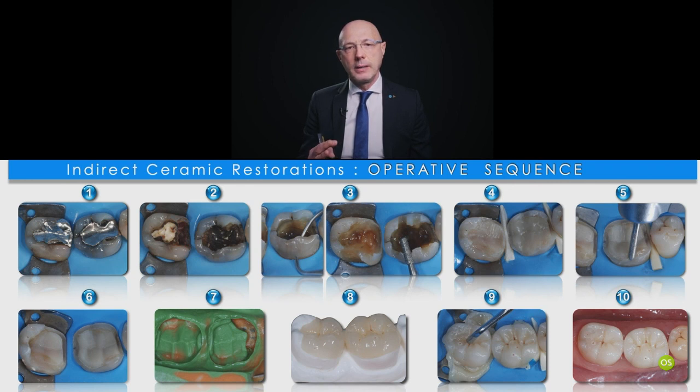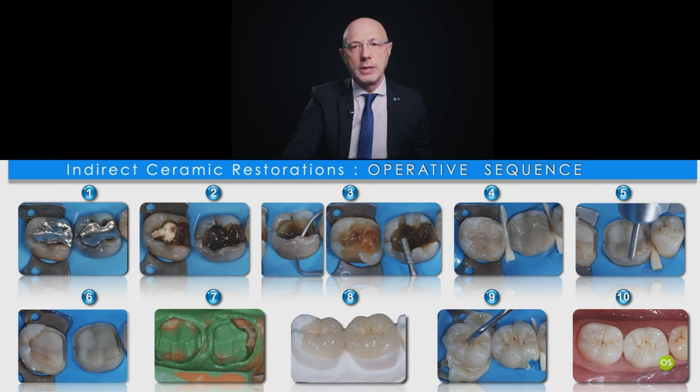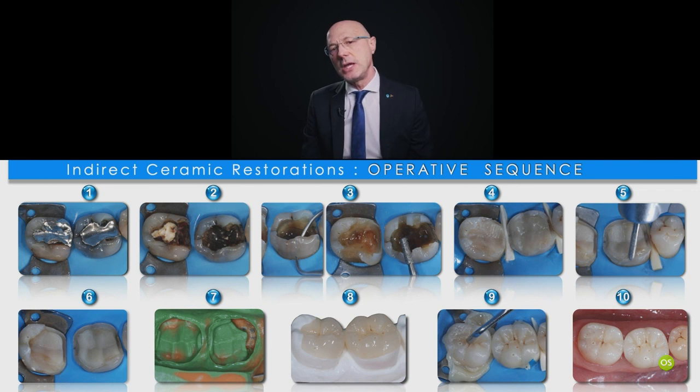Adhesive build-up after the reduction of the unsupported cusp, and then cavity preparation in accordance with the morphology-driven preparation technique that I published, then traditional or digital impression, then adhesive cementation, and then finishing and occlusal check.